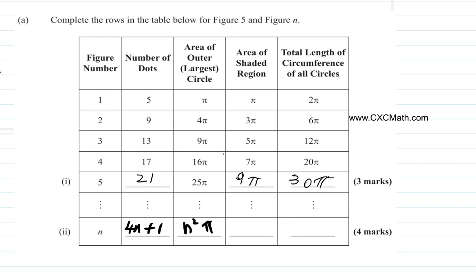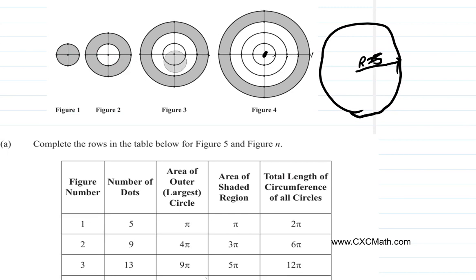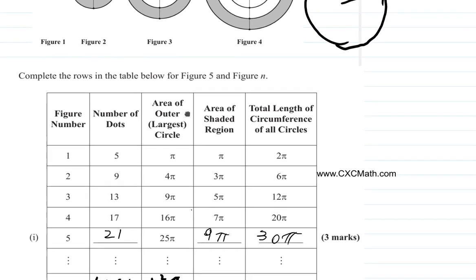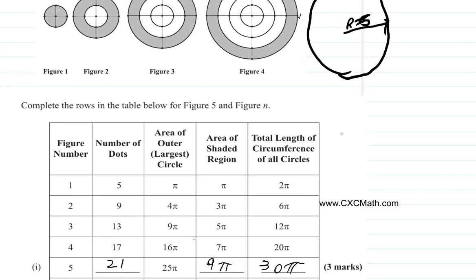Now the thing is this. We want to figure out this one, for n. Now the area of the shaded region. The area of the shaded region is the total area minus the previous area.